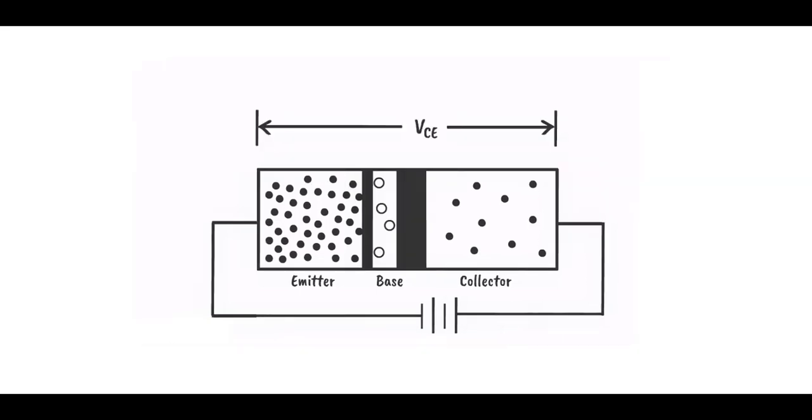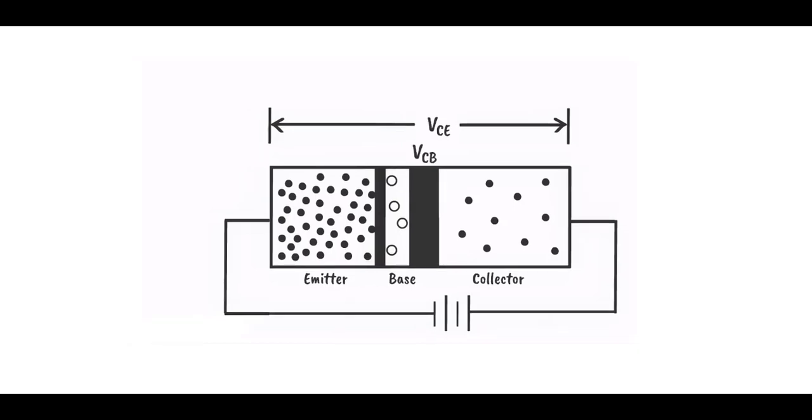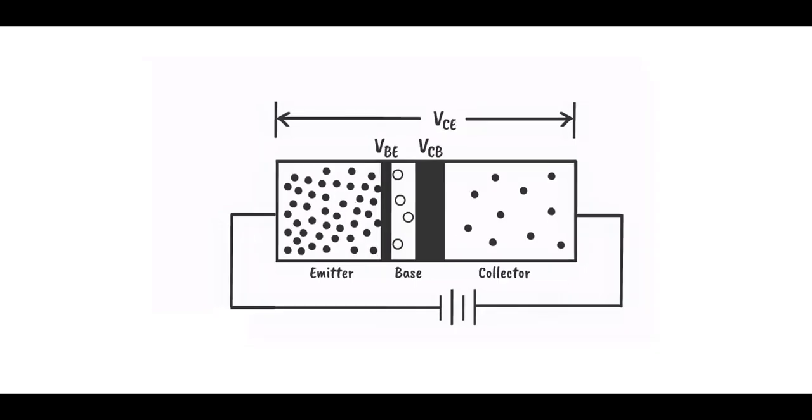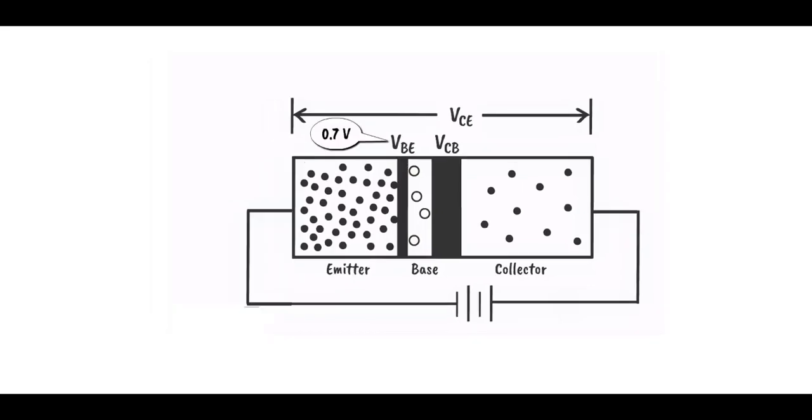Let us consider the voltage applied between collector and emitter as VCE, the voltage drop across the reverse biased collector-base junction as VCB, and the voltage drop across the forward biased base-emitter junction as VBE. In this situation, the voltage VBE is constant and equals the forward bias voltage of a PN junction. If we consider a silicon transistor, the forward bias voltage of the PN junction would be 0.7 volts.